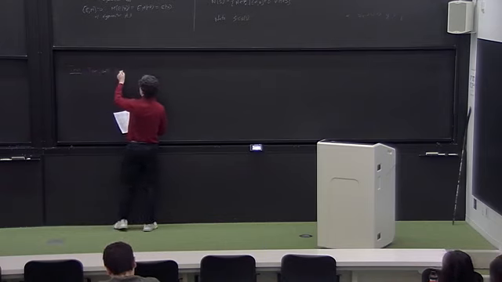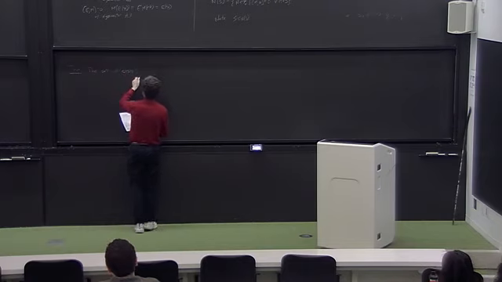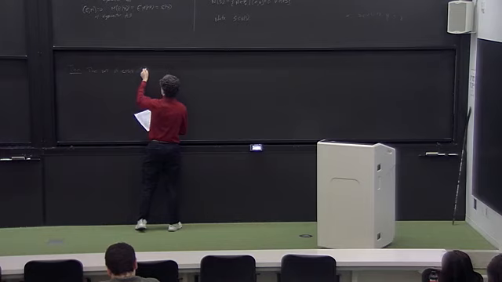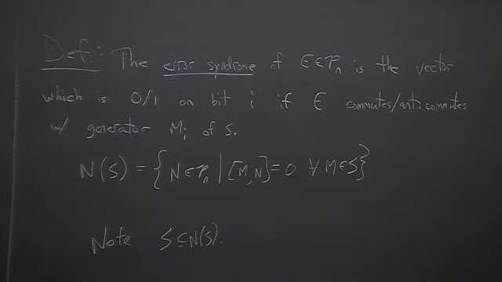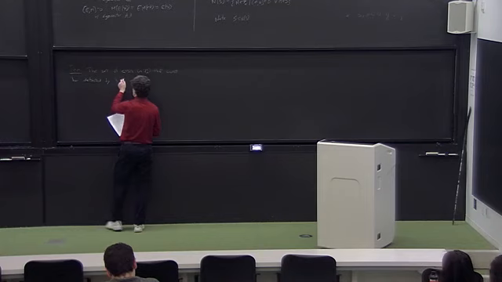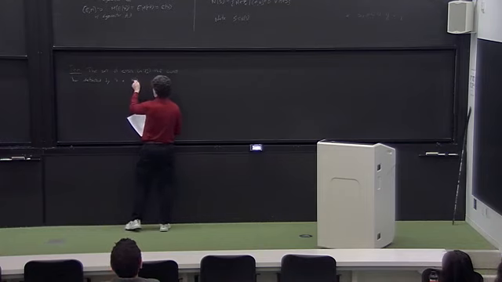So the set of Pauli errors that cannot be detected is N of S minus S, okay?